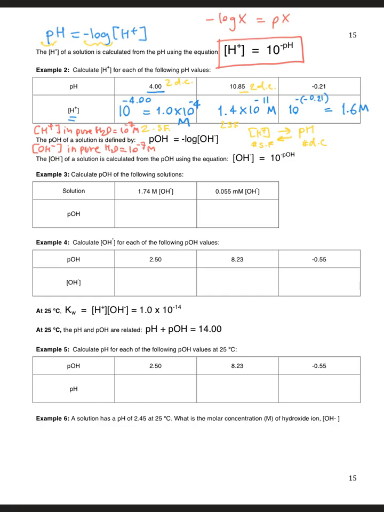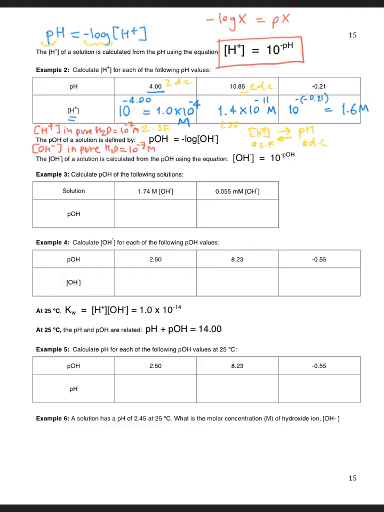For example, in pure water, these are the amounts of these two. But if in a solution you end up with a higher number of protons than hydroxide ions, then that solution would be acidic because it contains more acidic protons. However, if you have a solution that contains more of the hydroxide ion than the proton, then that solution would be a basic solution.